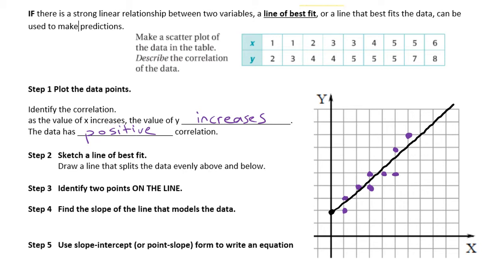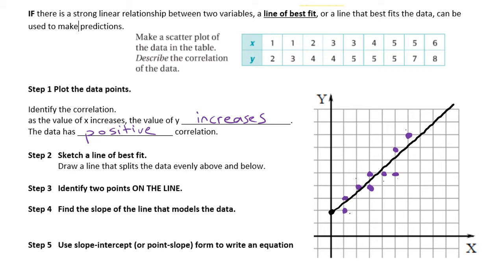When I look at my graph, I see that 1, 2, 3, 4, 5 points are above the line and 4 points are below the line. So I did split my data almost halfway, and my line is somewhat representing the trend of the data. That was our step 2.